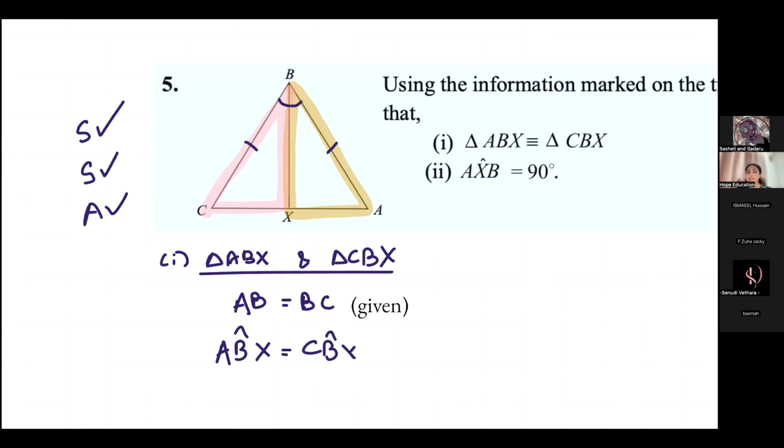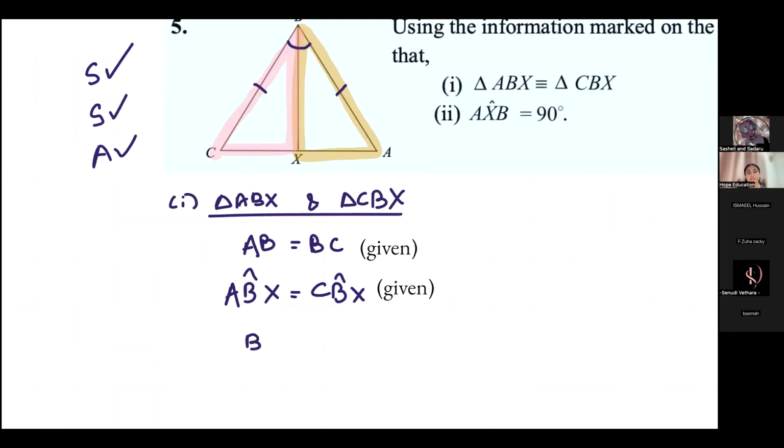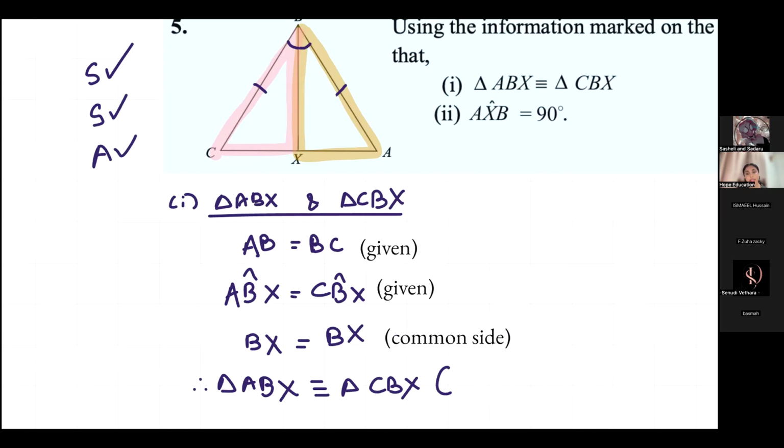Again, how do I know that? Because they have given it. Given. Then BX is the common side. In this triangle we have BX, and in this triangle also we have BX. So BX is equal to BX, and for the reason I write common side. Therefore, I can say triangle ABX is congruent to triangle CBX under the SAS case. Is this clear to all of you? Give me a thumbs up.